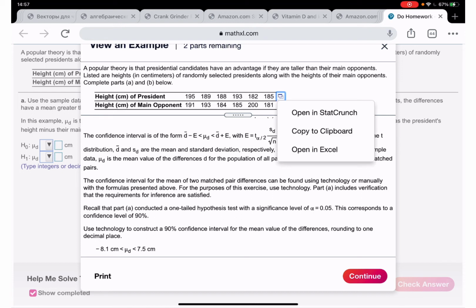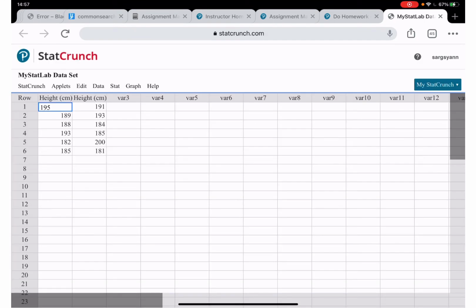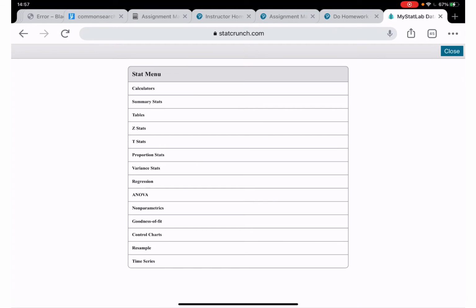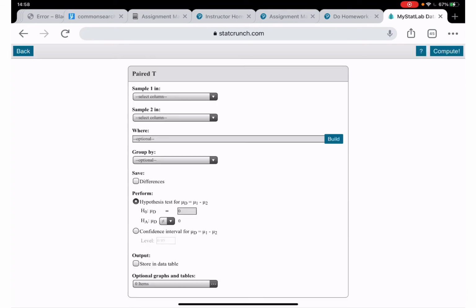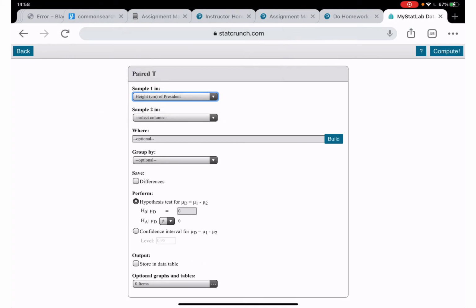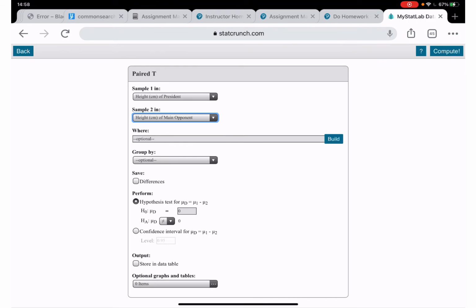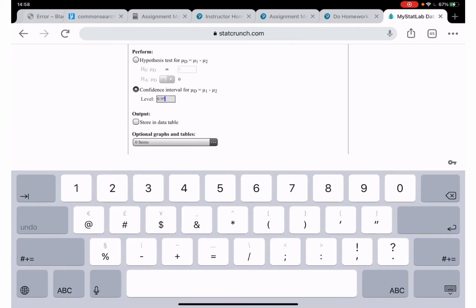So again, opening in StatCrunch. Clicking Stat, T Stat, I'm choosing paired, and then I'm choosing the first column, then the second column. Okay, this time instead of hypothesis test, I am going to use confidence interval with a level of 90.